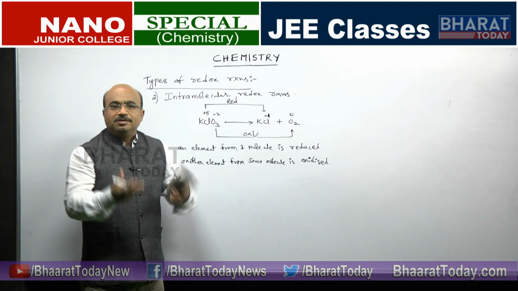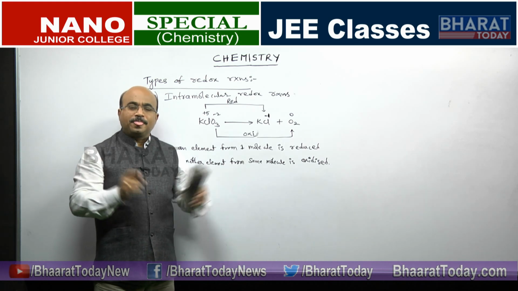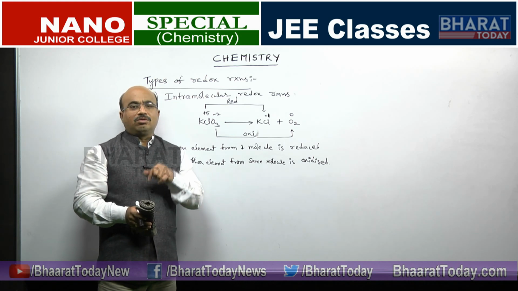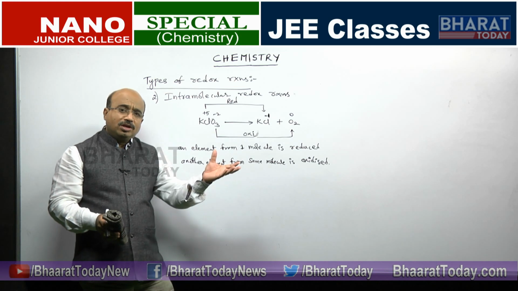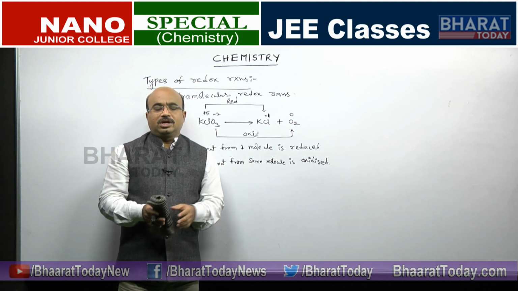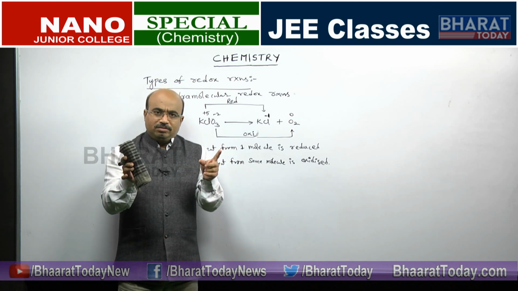Intra means within, inter means between two different ones. So, when one molecule is taken, an element in that will undergo oxidation; in another molecule, when another element is undergoing reduction, then we say inter, between two different molecules.